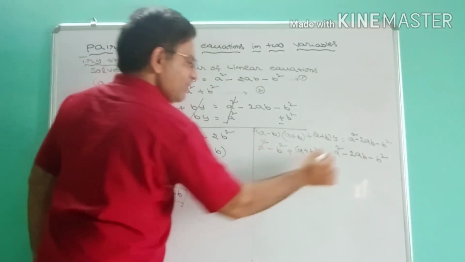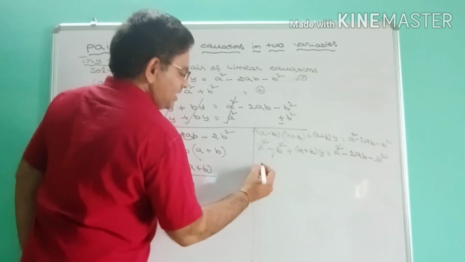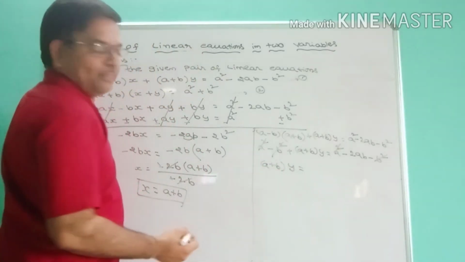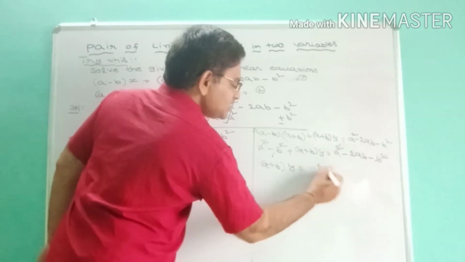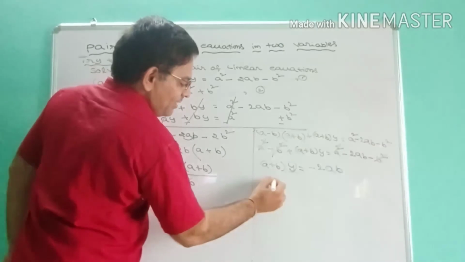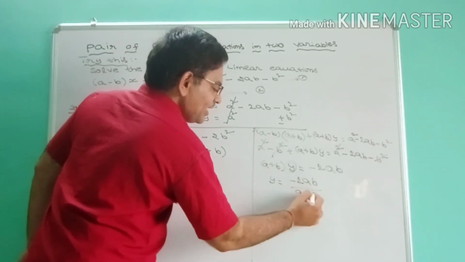Here a square minus b square cancels. So (a plus b) into y equal to minus 2ab, and y equal to minus 2ab by (a plus b).